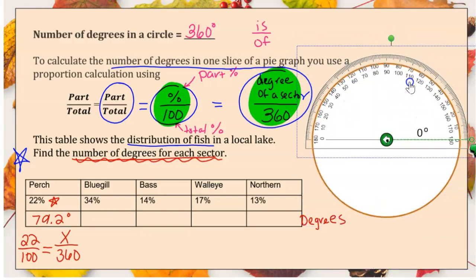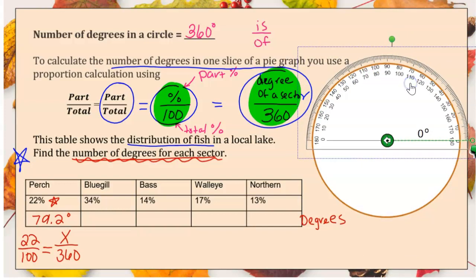I'm going to grab a protractor, line up my center, and then I'm going to draw a line to measure my 0 degrees here. And I need 79.2. So if I look, grab that green part of it here. It's nice that it shows the degree, but on the outside is really what we're looking for because we're increasing from 0 to about 79.2, right about there.